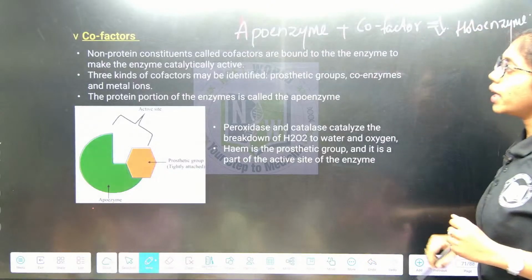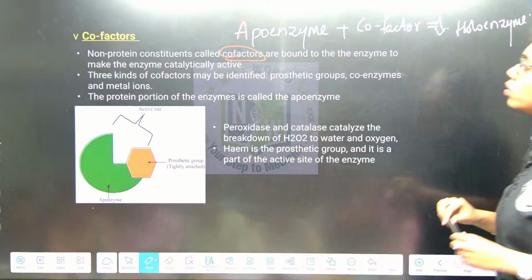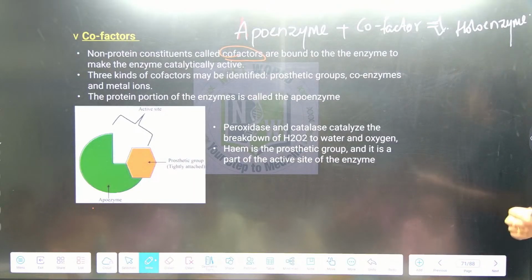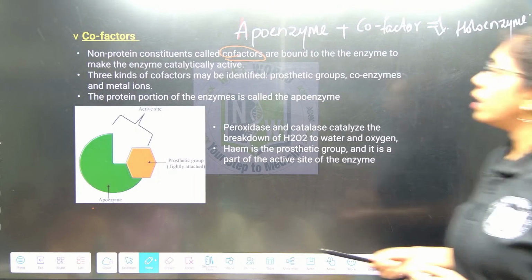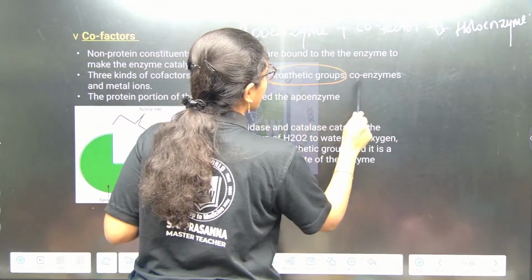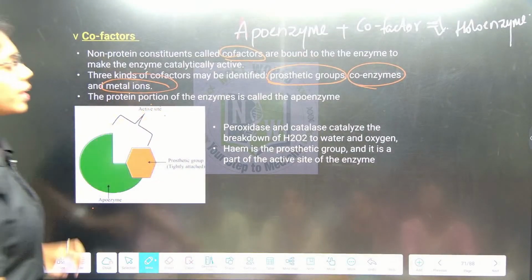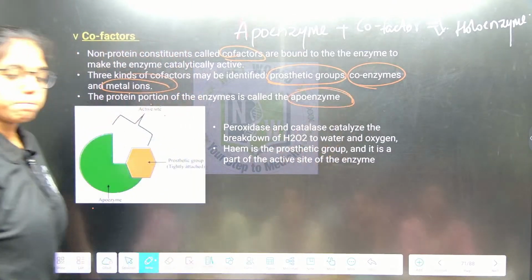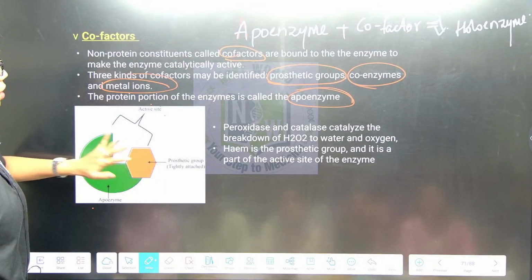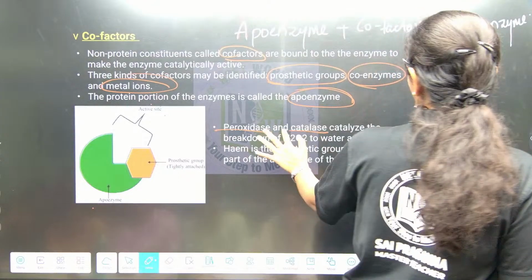Okay, so here non-protein constituents are called as cofactors. They are bound to the enzyme to make the enzyme catalytically active. Three kinds of cofactors are identified. What are they? Prosthetic groups. Protein portion of any enzyme is? Okay, first you observe first example of prosthetic group, that is peroxidases and catalases.